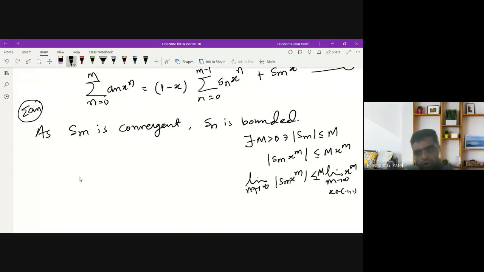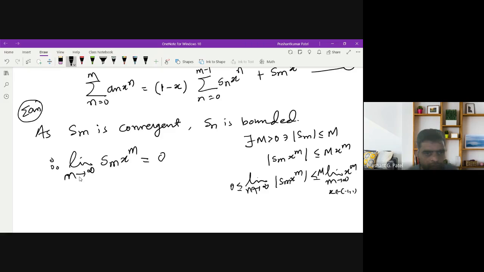So this quantity is 0, this is already greater than or equal to 0. So ultimately the conclusion made out of this is, therefore, the limit of Sm x power m is 0, m tends to infinity.